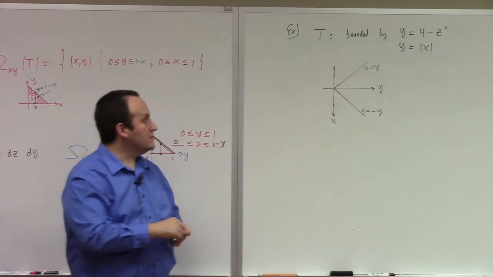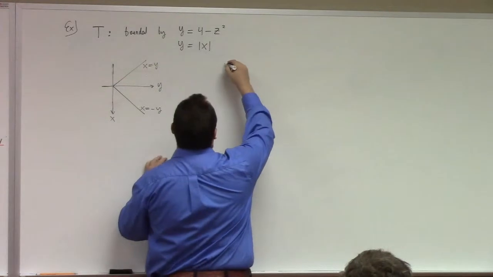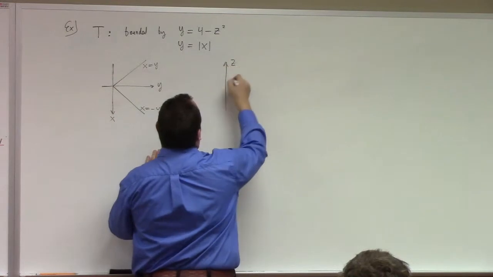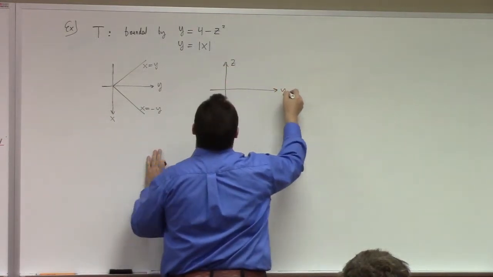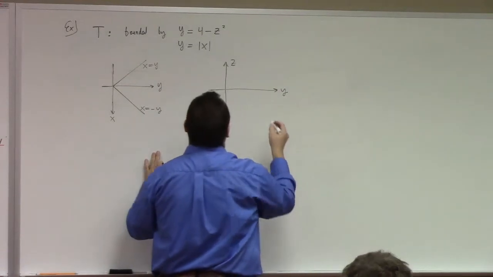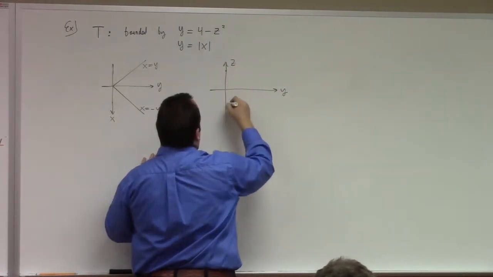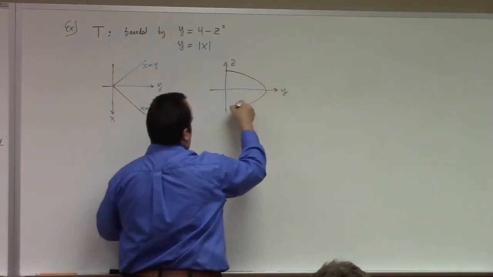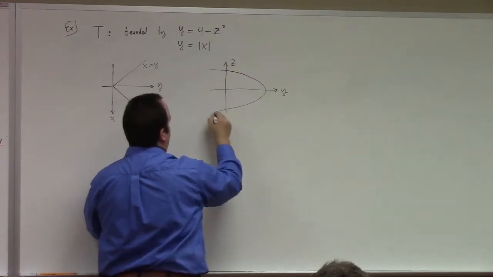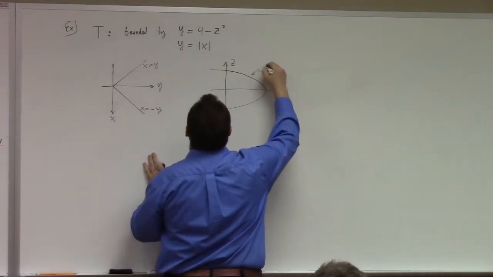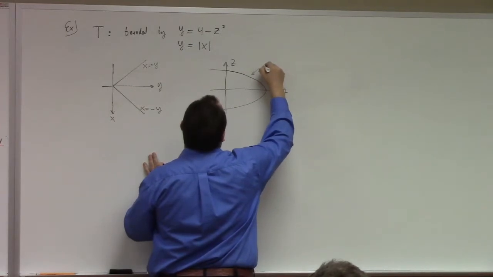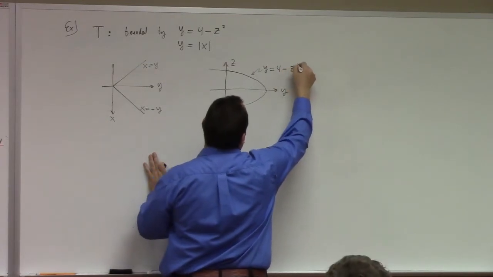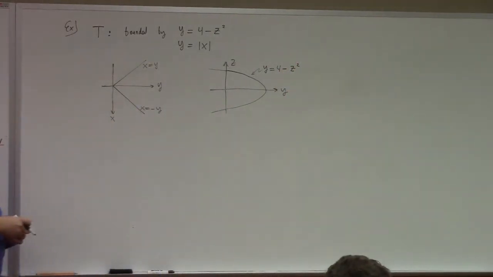That we can understand. And the other one, z, y, and I know I'm kind of drawing these weird, but you can deal. Something like this, right? I mean, it goes on and on. So this is y is equal to 4 minus z squared. So if I draw it this way, it's a sideways opening parabola, right?